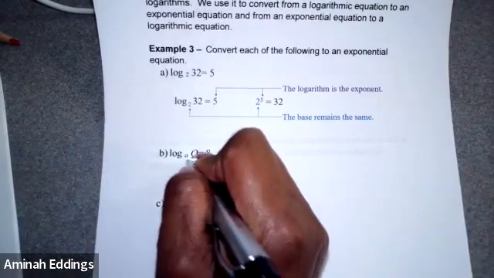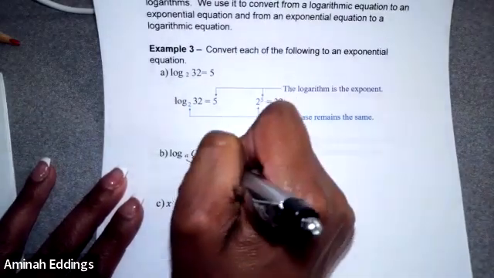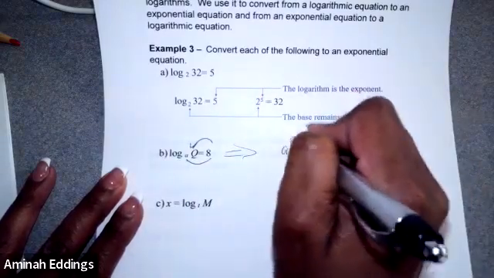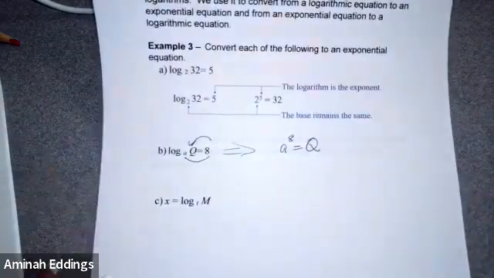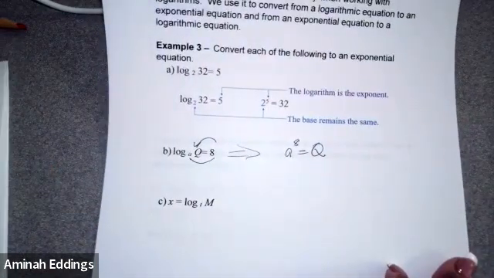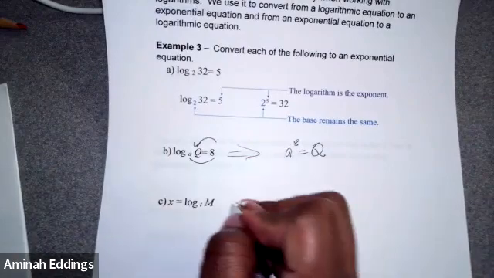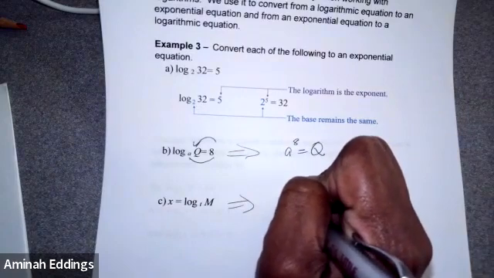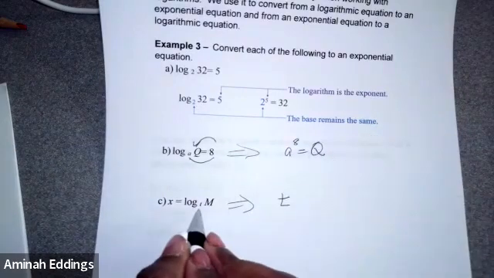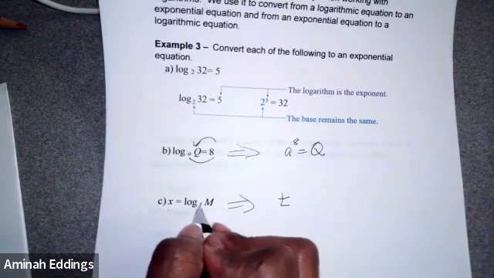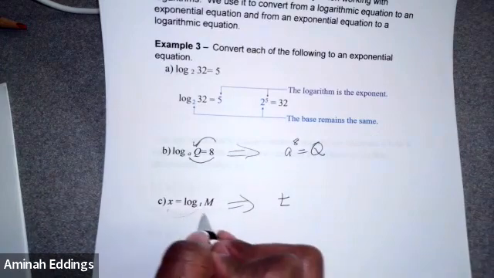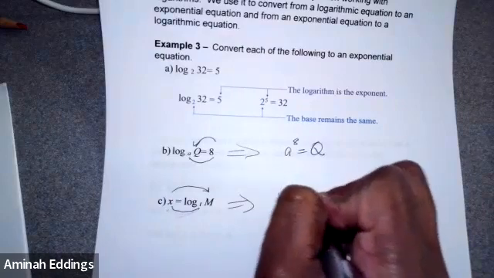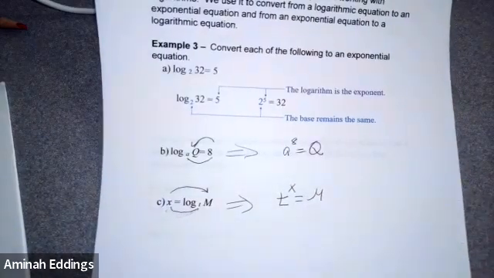A to the eighth power is equal to Q. What about C? Always go across, okay? So you start base across, come back around. So T to the X is equal to M, okay?